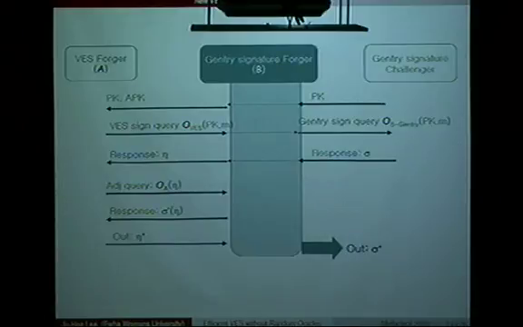In this picture, in the Gentry signature, the PK and the APK are sent to the VES forger, and by the VES sign query and ADJ query the response can be obtained.